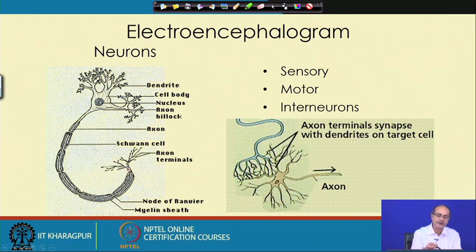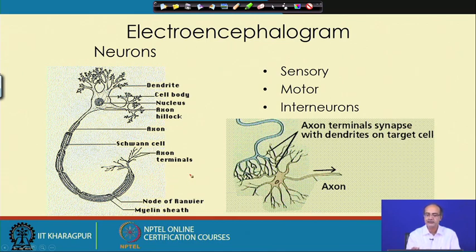And how is the circuit completed? Ions flow within the cell through the axon, and through the interstitial fluid outside the cell, and the circuit gets completed. So, that is how the signal flows, and the neurons can be divided into three classes.